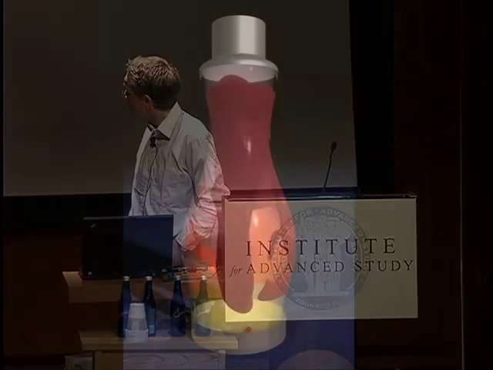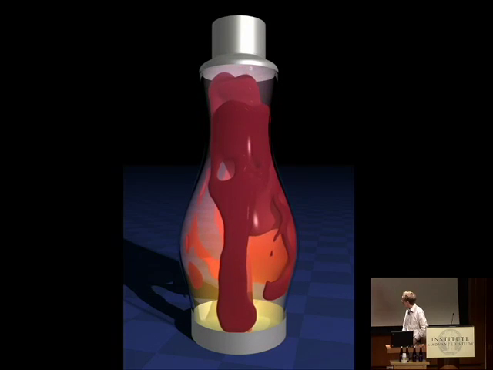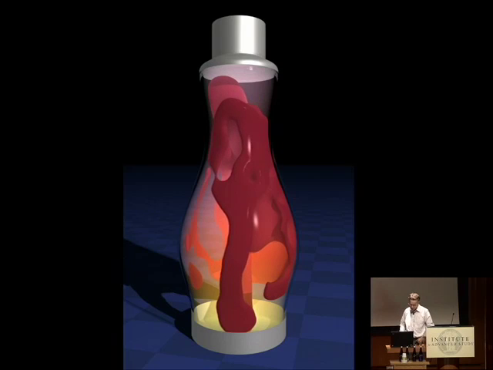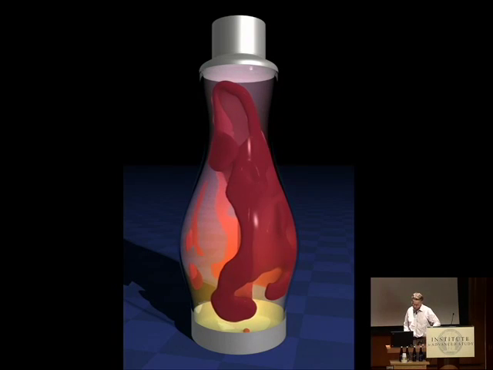This is supposed to be sort of a lava lamp where you have two fluids that don't mix, they're immiscible, and there's a heating zone in the bottom and a cooling zone in the top, and so that sets this fluid basically in motion via usual buoyancy forces.